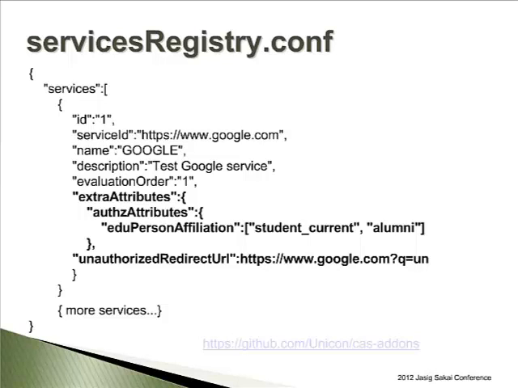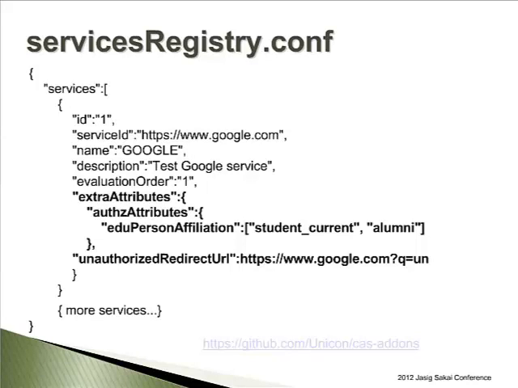So this is an example, and you see a services block and a lot of metadata that you would normally be accustomed to seeing in the services config. And then the stuff in bold is really the added bits that allows CAS to understand that for the service we're talking about, in this case this test service, which is Google, the authenticated user must also carry an eduPerson affiliation of current student or alumni.